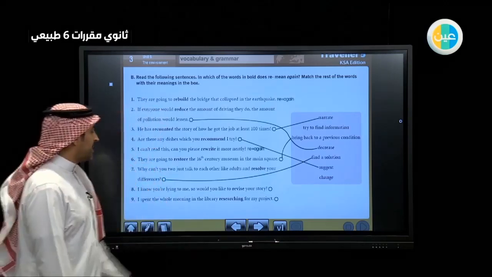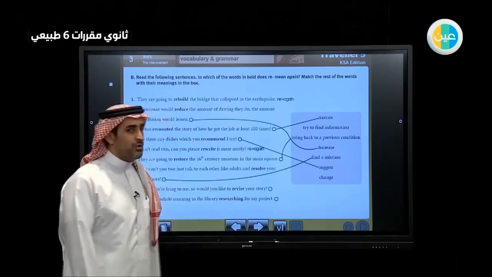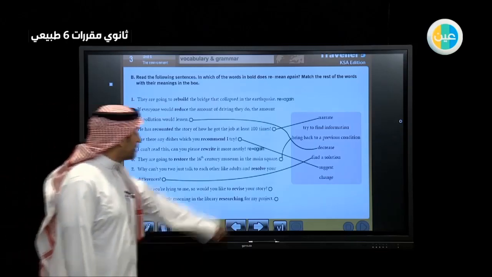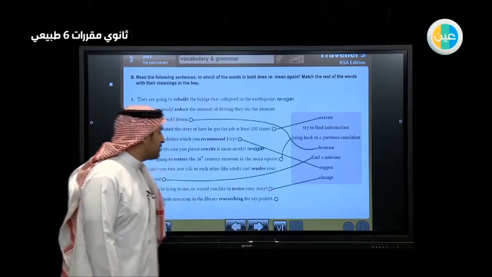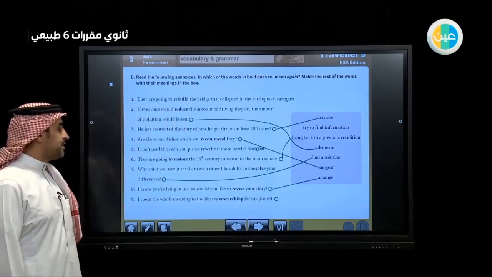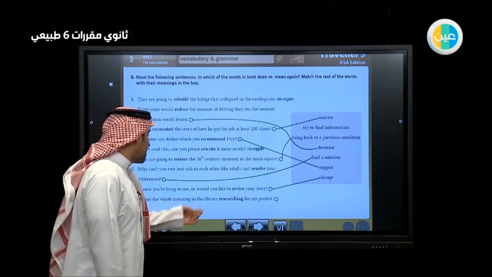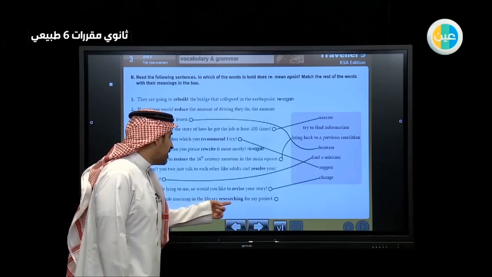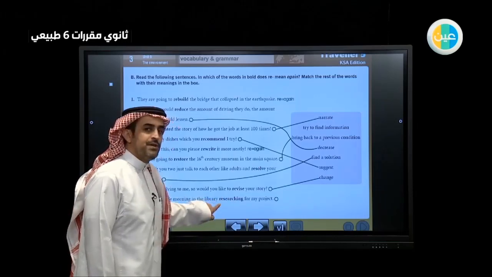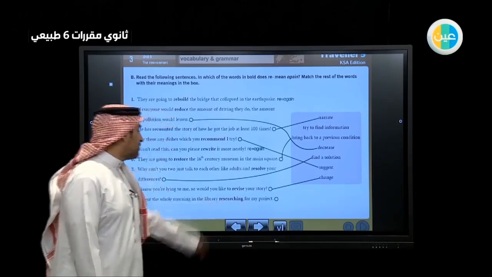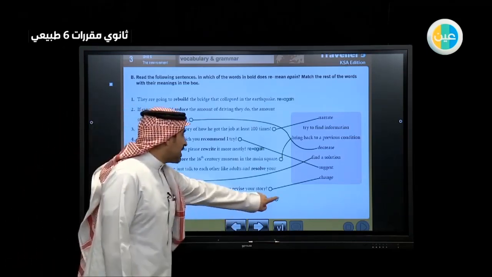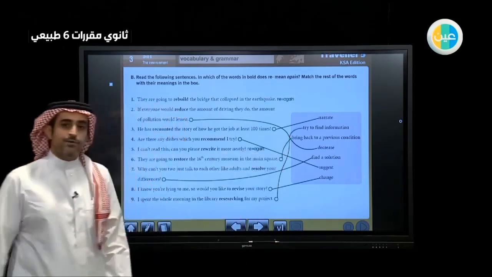Is this a prefix? No, it's part of the word. Revise means change. I spent the whole morning in the library researching. Is this a prefix? No, it's part of the word. So here it means trying to find information.